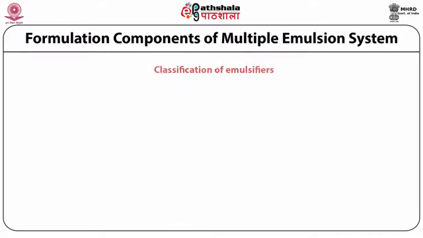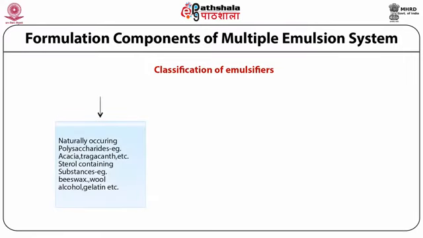This slide is showing the classification of the emulsifiers we generally use in preparation of multiple emulsion systems. The first class is naturally occurring polysaccharides, examples acacia, tragacanth, etc. Sterol containing substances include beeswax, wool alcohol, and gelatin.